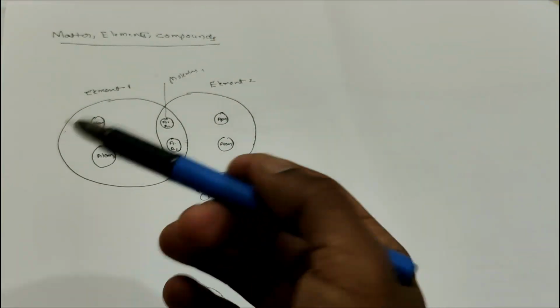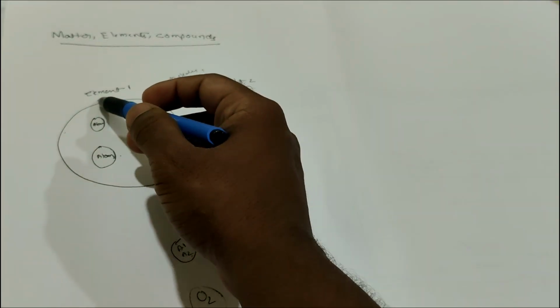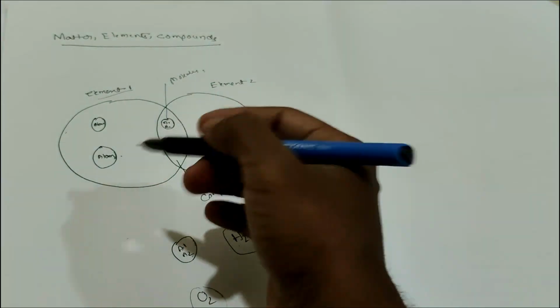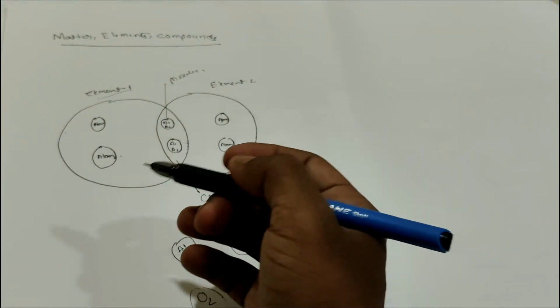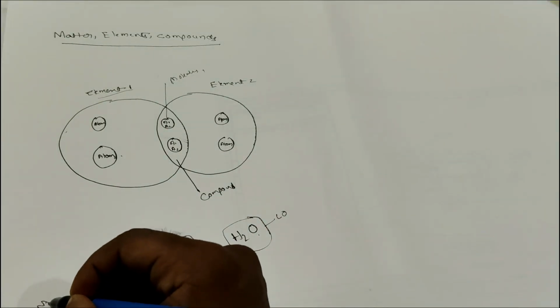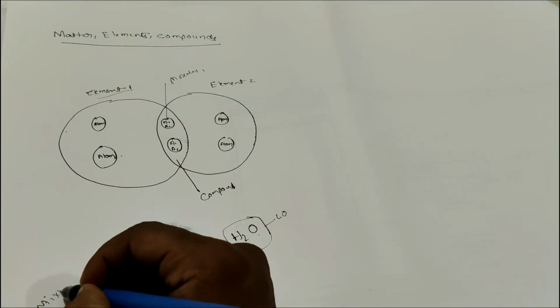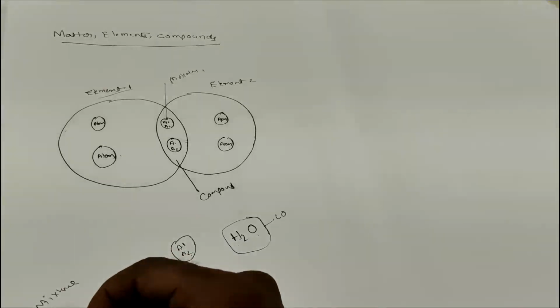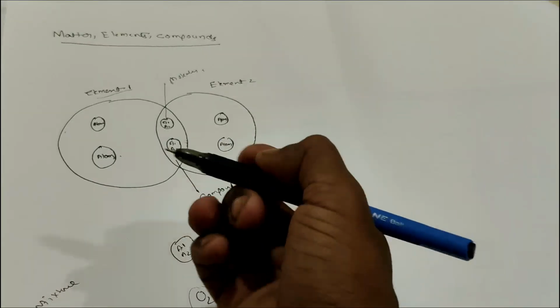And there is something, the combination of these elements and compounds, that is what we call mixture. Air, for example, is just a mixture of elements and compounds.